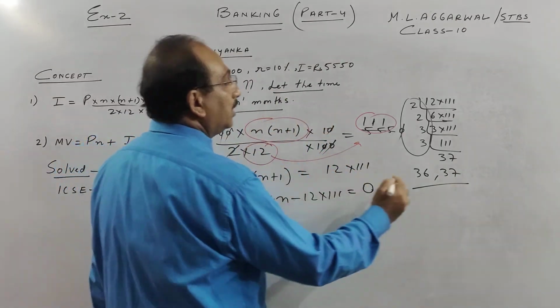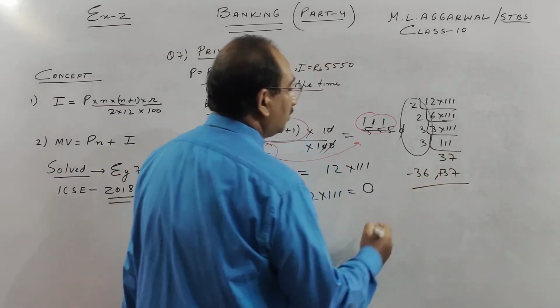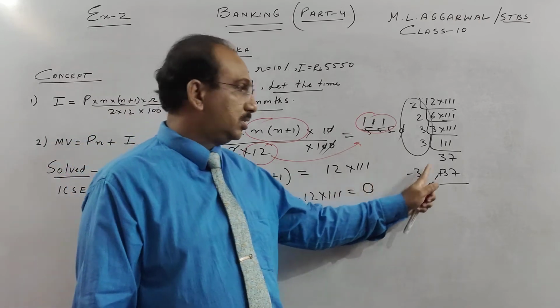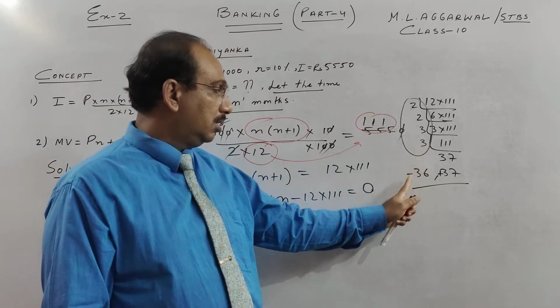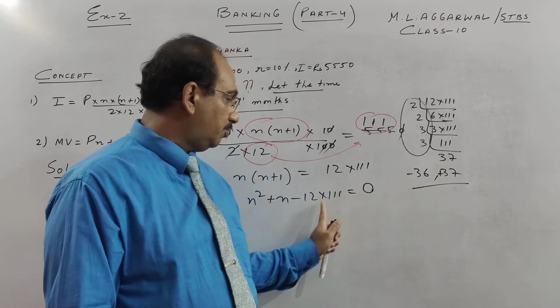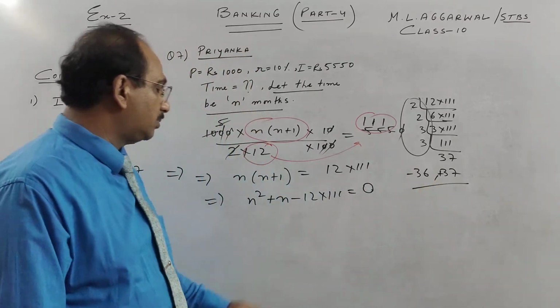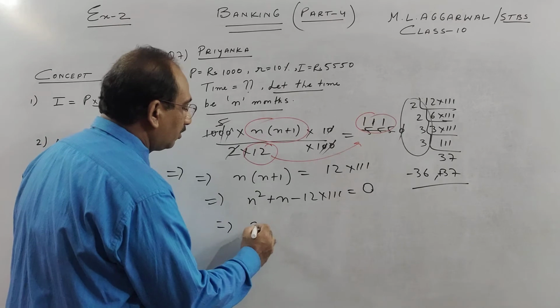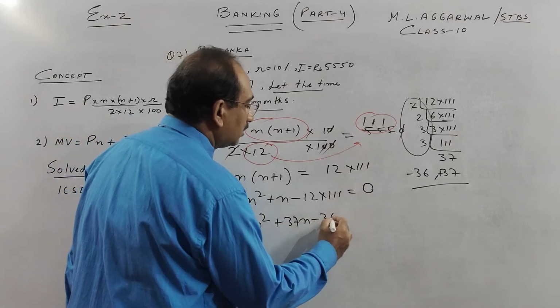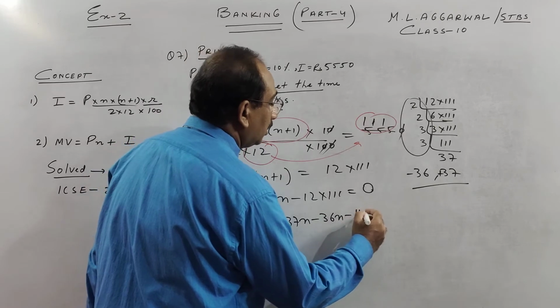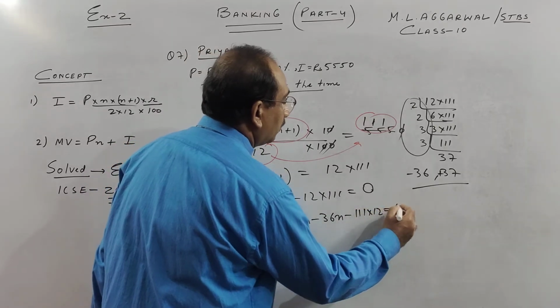Since we need plus, this will be plus and this will be minus. So these two numbers. This is the best method of factorization. So the product of these two numbers is this, and the sum of these two numbers is plus n. So finally what we do, children, n square plus 37n minus 36n minus 111 into 12 into 3 is equal to 0.